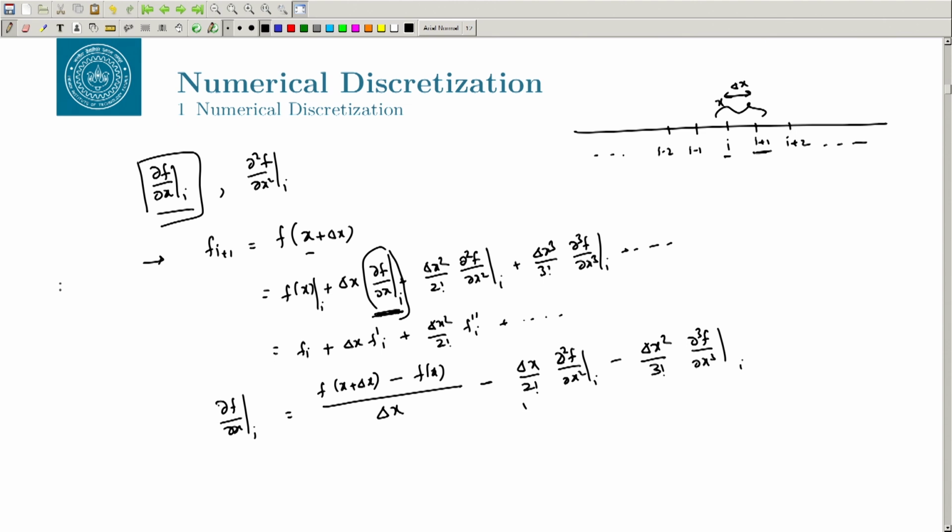If you ignore these terms, let us say that these terms are very, very small, you can write del f by del x at I is equal to f I plus 1 minus f I by delta x.